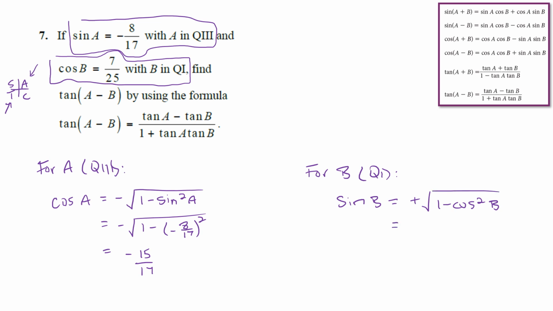Okay? So the cosine of B is 7 over 25, which we will square. When we simplify this expression, we get 24 over 25. So now we know the sine of A, the cosine of B, the cosine of A, and the sine of B. All right?